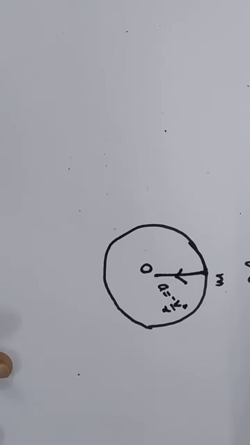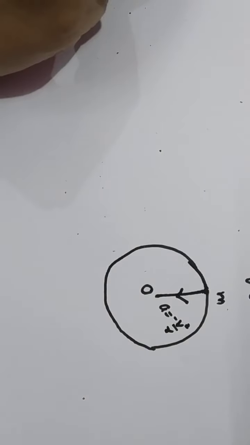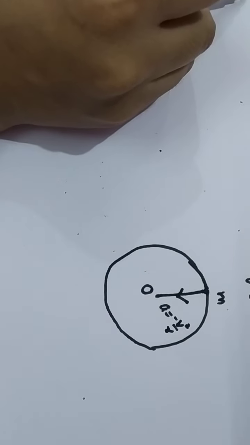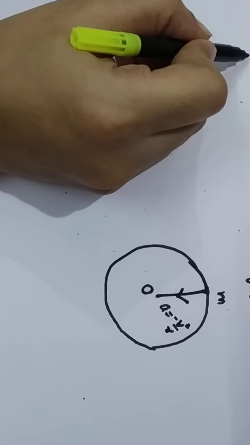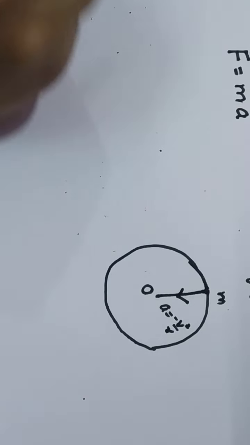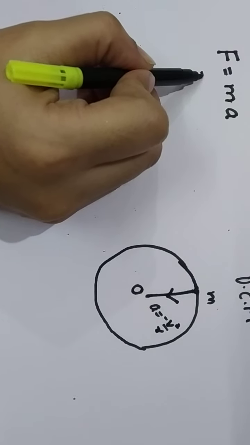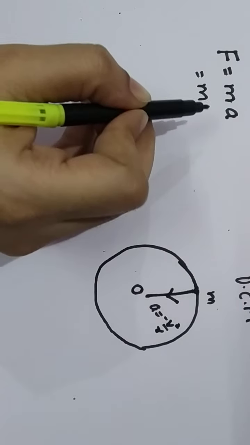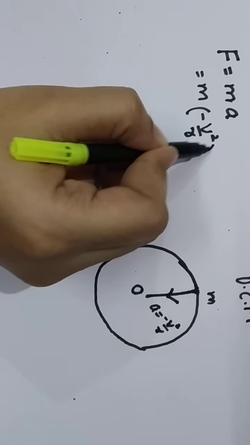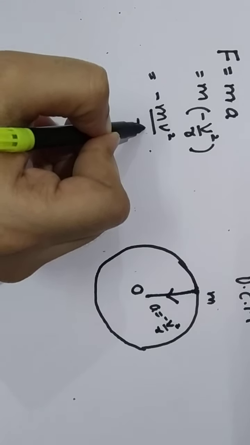So in this uniform circular motion, let us apply Newton's law of motion to find the force. As per Newton's law of motion, force is given by the formula mass into acceleration. Mass is m and acceleration is minus v square upon r, so it will become minus m v square upon r.